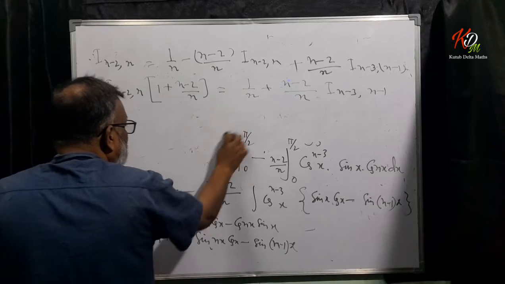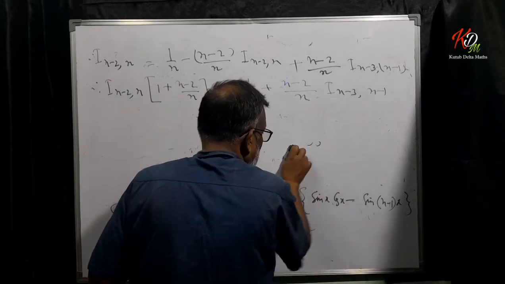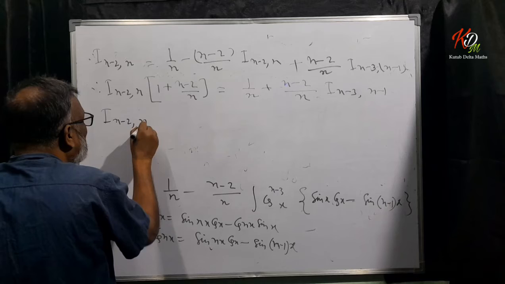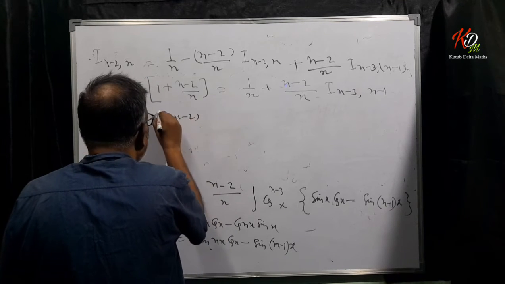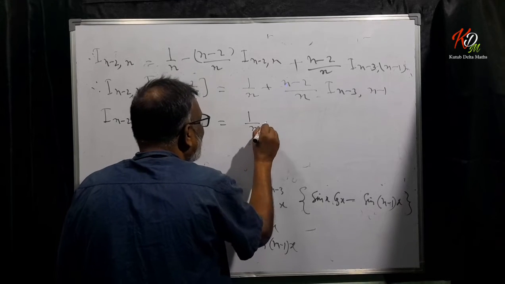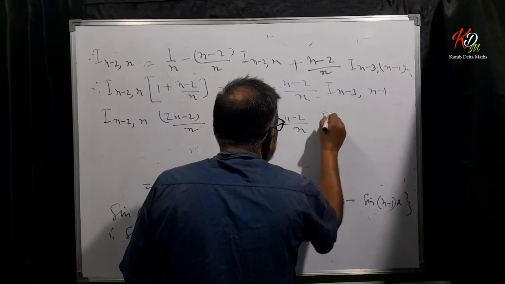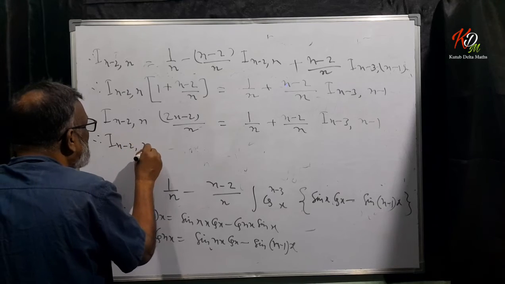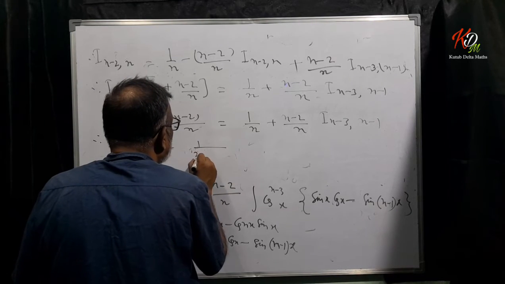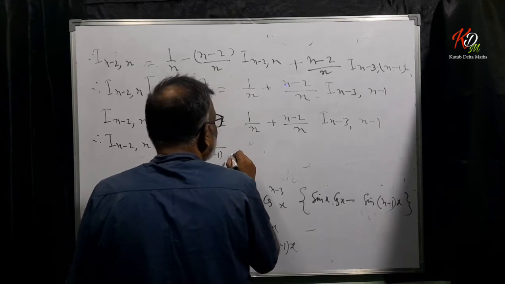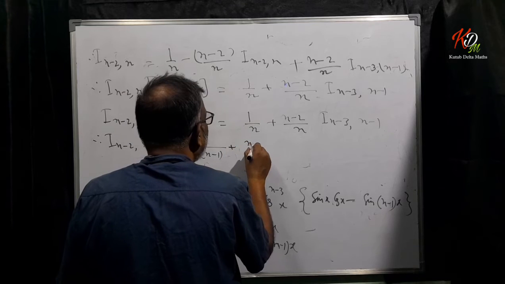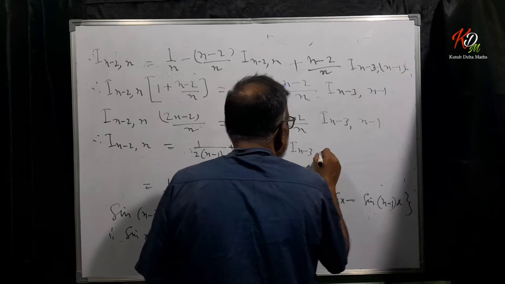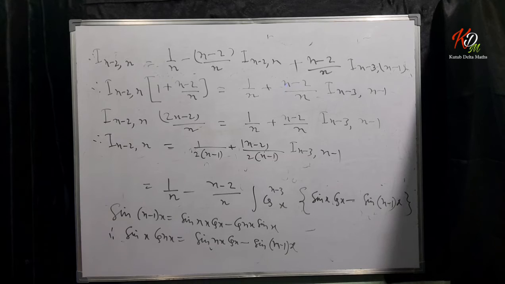So I n minus 2, n equals 1 by 2 n minus 1, plus n minus 2 by 2 n minus 1, I n minus 3, n minus 1.